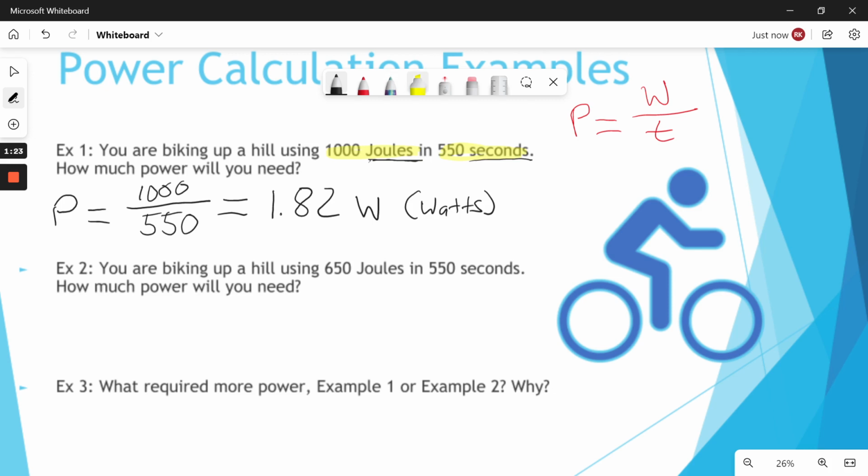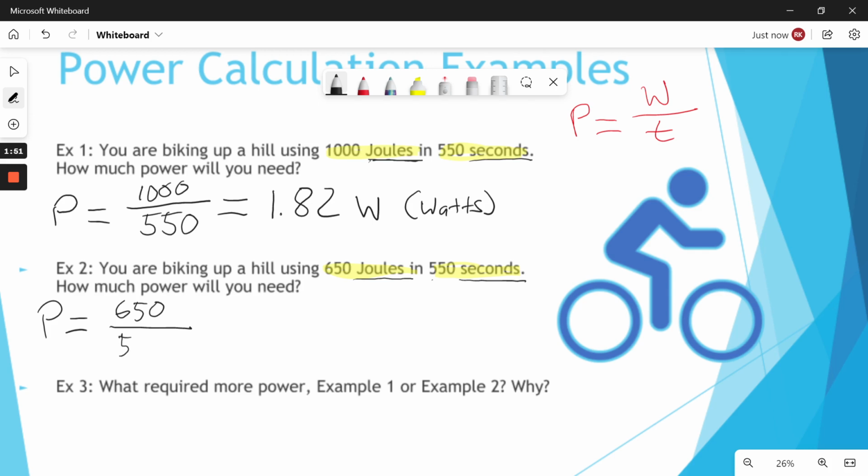We'll look at our second example. You're biking up a hill, this time using 650 joules, again in 550 seconds. How much power will you need? Well, again, we'll set it up. Our power equals my work number, which again I know because it's in joules. So 650 divided by our time, which is measured in seconds.